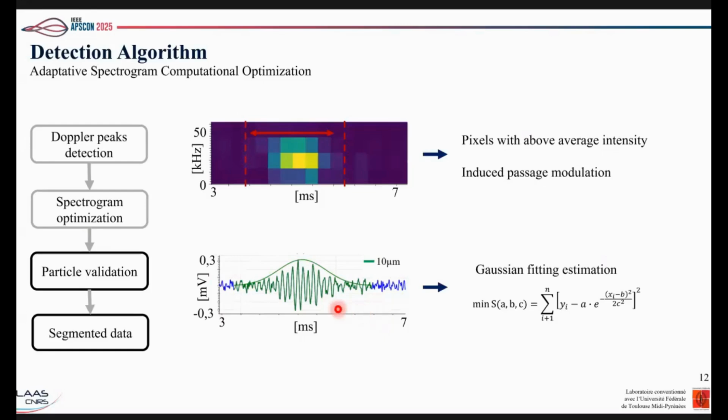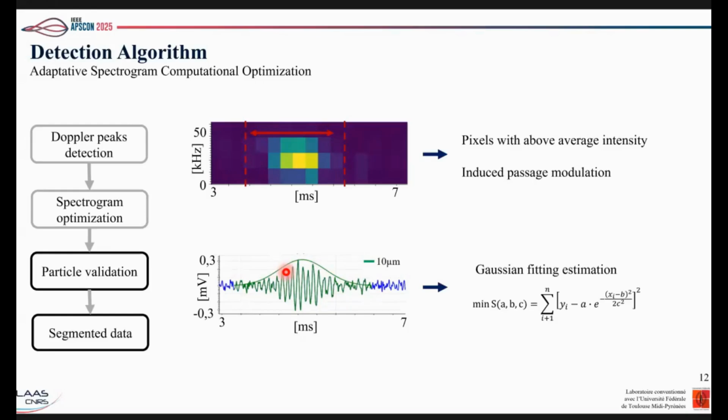So we know where our particle is possibly located, and we perform a Gaussian fitting, knowing that in our experiments, when the particle enters, we always have this Gaussian-shaped envelope. We are trying to see if the modulation that we are capturing has this shape.